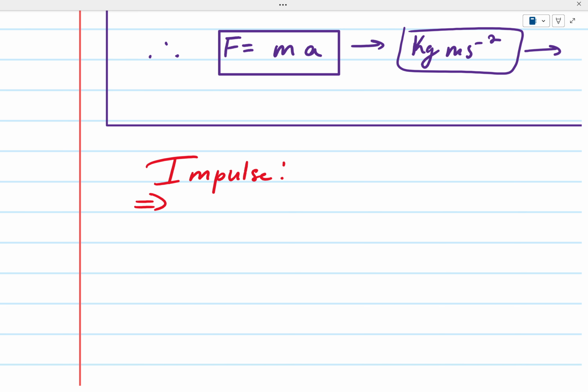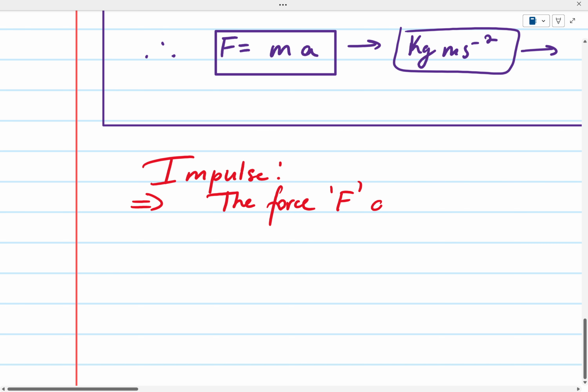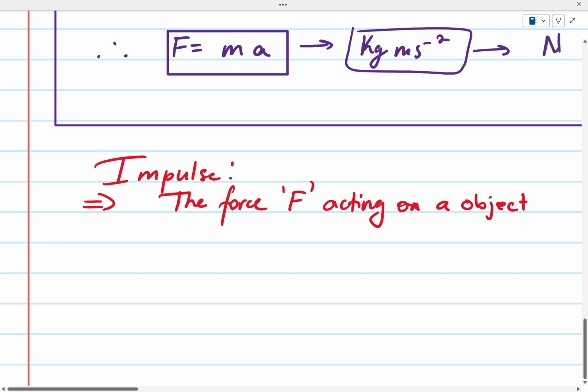So the impulse of a force is defined as the force F that is acting on an object for a duration of time t.